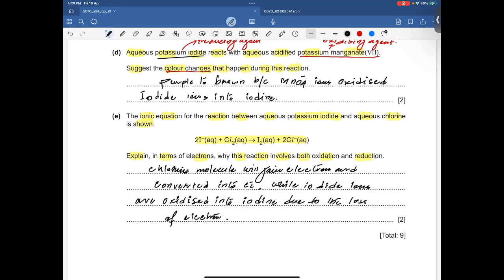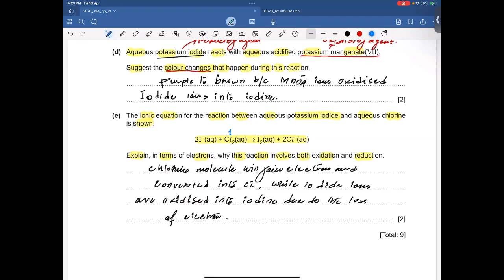Okay. So technically, what I'm saying is that chlorine is an oxidizing agent, so during the reaction it will gain electrons. And you know that iodide ion is a reducing agent, so during the reaction it loses electrons.